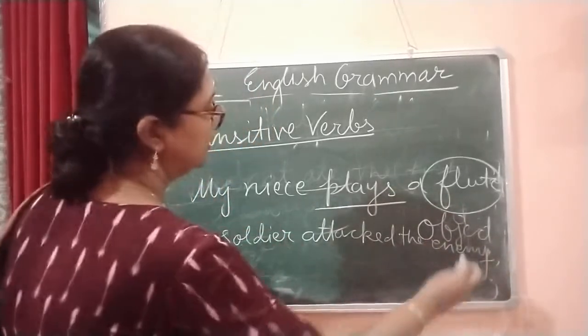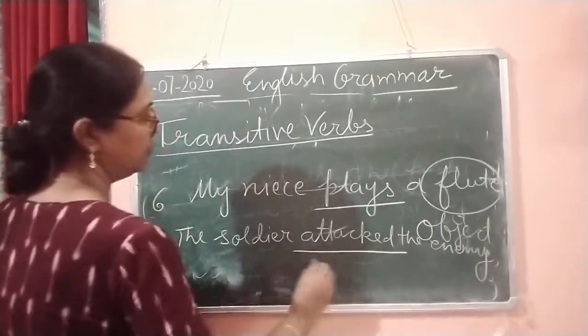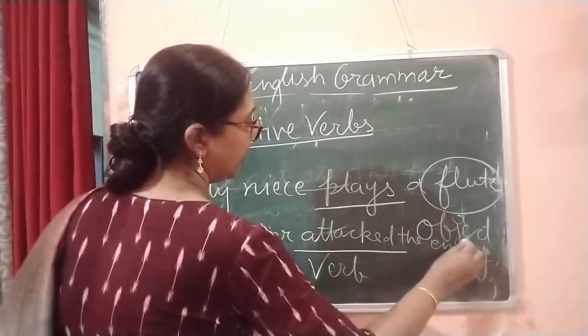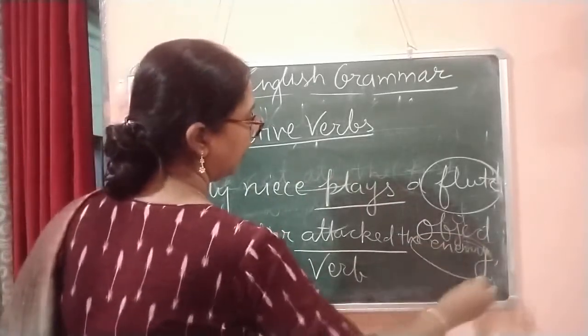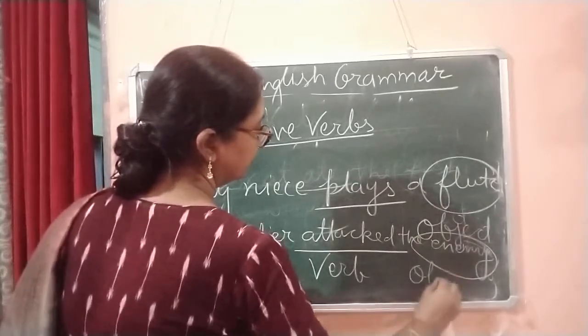Now here you can see attacked is the verb and the enemy is the object.